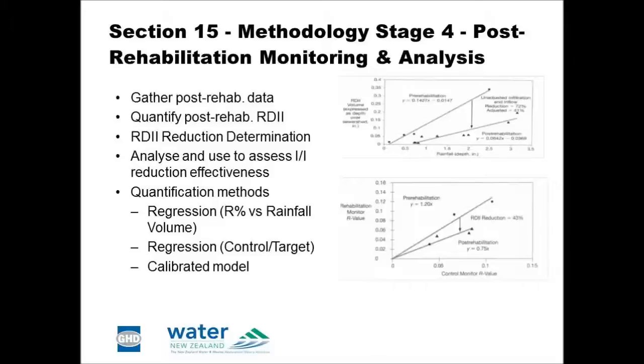There are various levels of complexity, and therefore various levels of investment, you can go through to achieve those results. And we're certainly recommending that the calibrated model technique is the most robust process, but does involve the maximum level of investment and complexity.